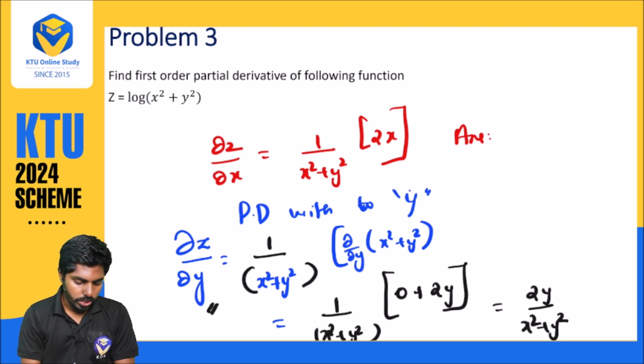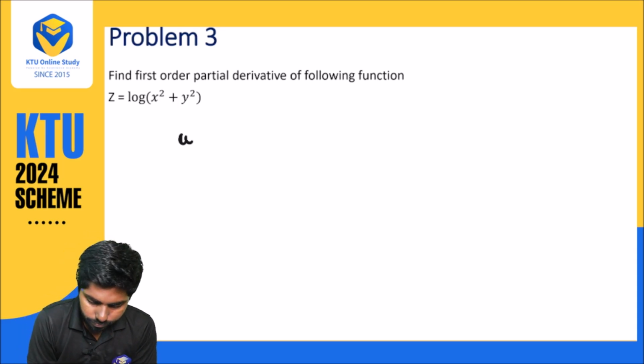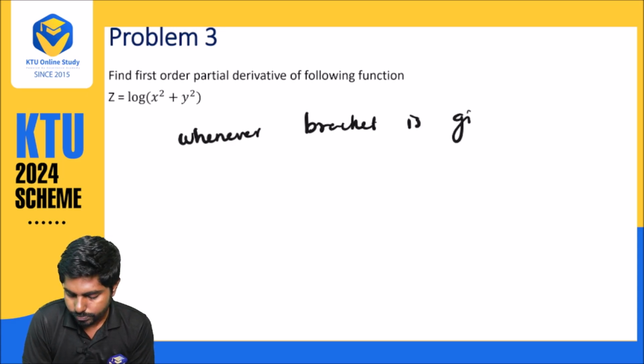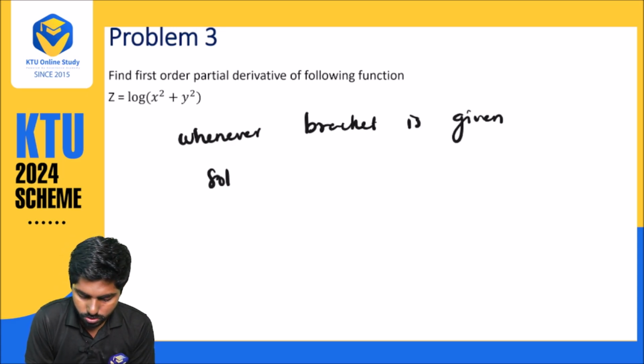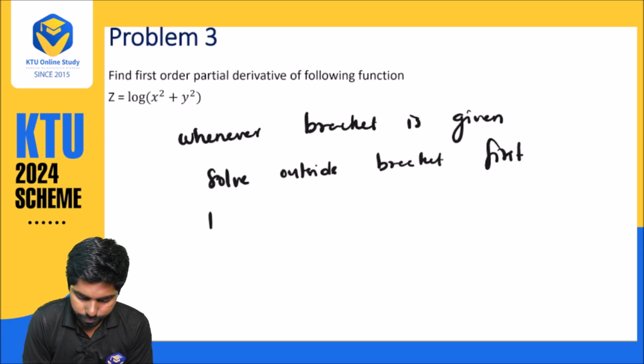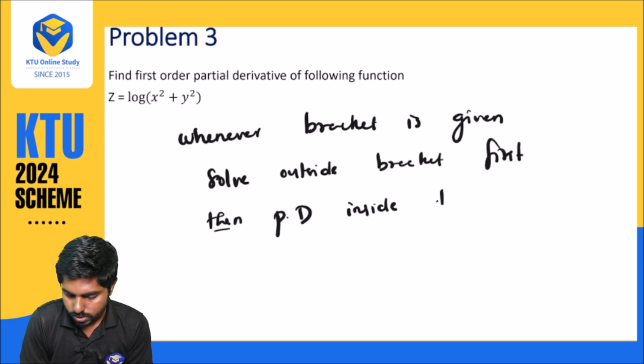So from here, what is the condition? Whenever a bracket is given, solve the outside of the bracket first, then take the partial derivative inside the bracket.